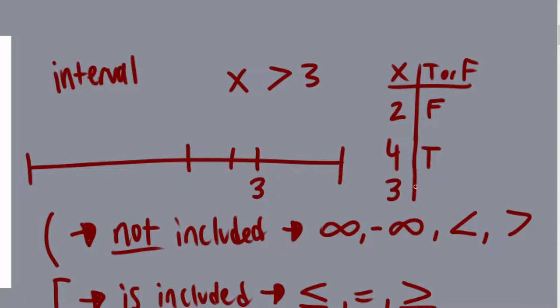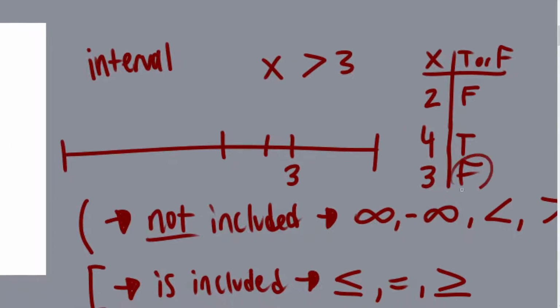Now, is 3 greater than 3? No, that's false. 3 is equal to 3. If it was greater than or equal to, then that would change it to true. But since 3 is not included in this set, we're going to make a little hollow hole. We are not including 3. And then we'll say it's going this way because 4 counts, and 5 counts, and all the way to positive infinity.